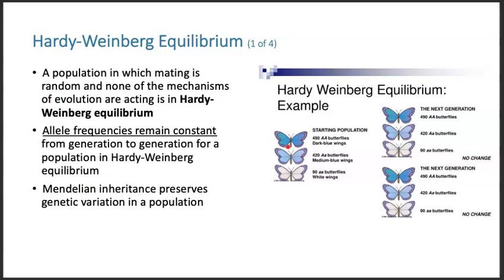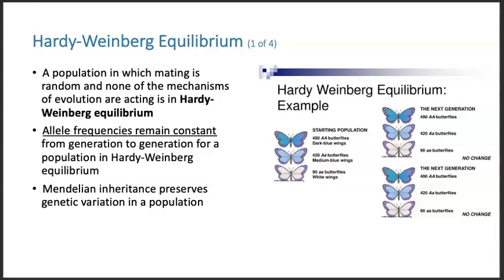So if you've got butterflies here, and they go through generation after generation, and there's no change, then this population is in Hardy-Weinberg equilibrium. Another way to say this, and it's actually better than this example, because in this example we're talking about genotypes, although we've just learned how to calculate allele frequencies from given genotypes.